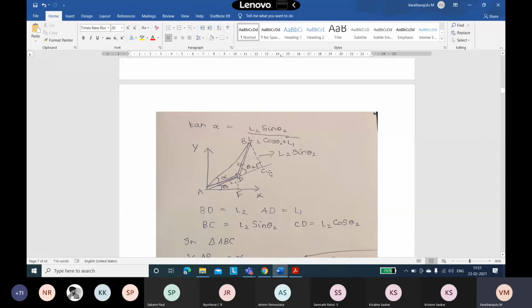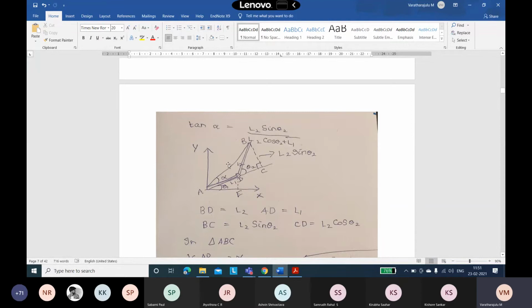What he did, he made a triangle, with points A, B and C. It is a right angle triangle, and here BD is L2, and AD is L1.